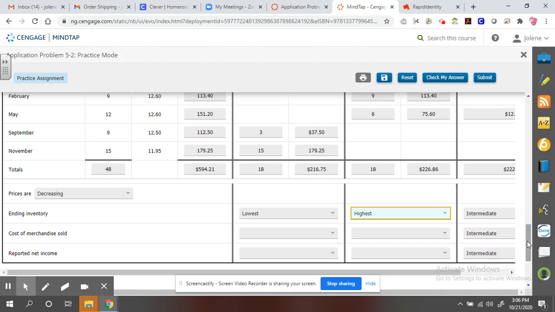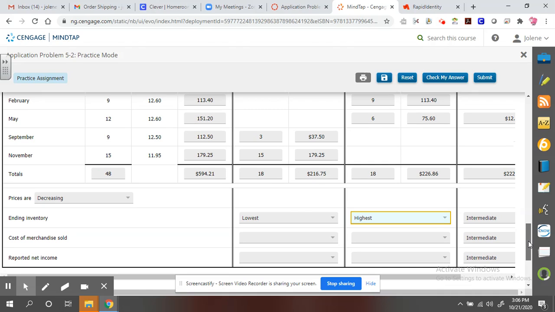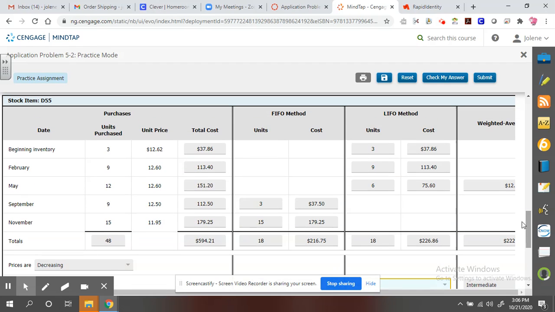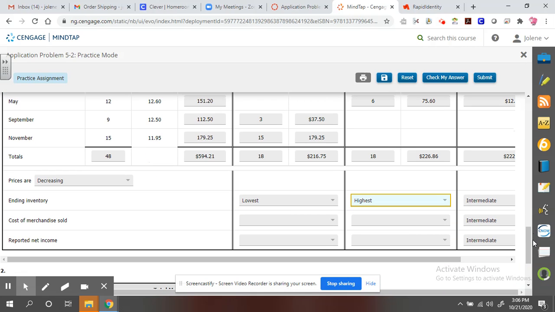Why did it switch from the last ones that we did? Well, ending inventory, this time, these prices are higher at the beginning of the year than at the end of the year. It makes a difference. It flip-flopped from those other 2 products that we had.